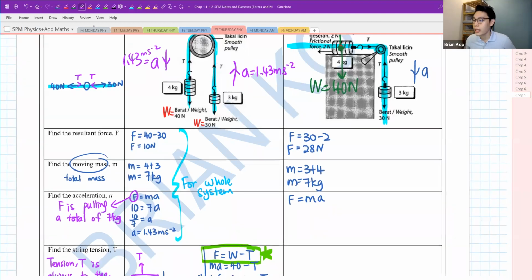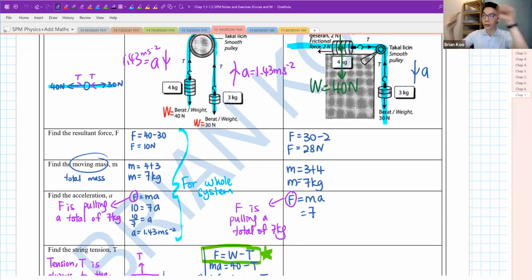Again, because this force is pulling a total of 7 kg as well. That's why you need to include all 7 kg, not just 3 kg. And now you can't ignore the 4 kg already.